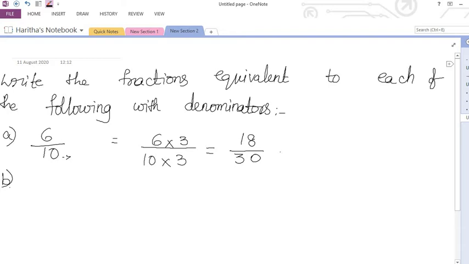Okay children, so we can go with the 10 table, or anything. You can go with any other number.